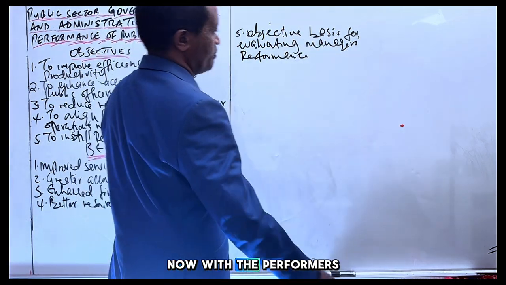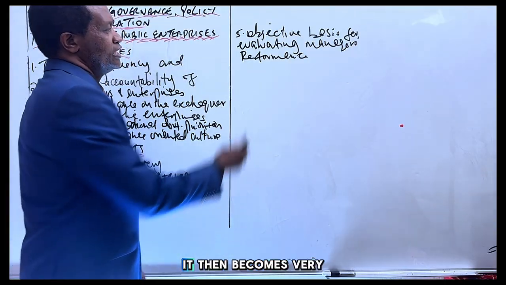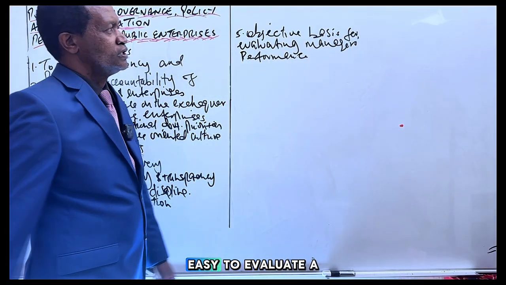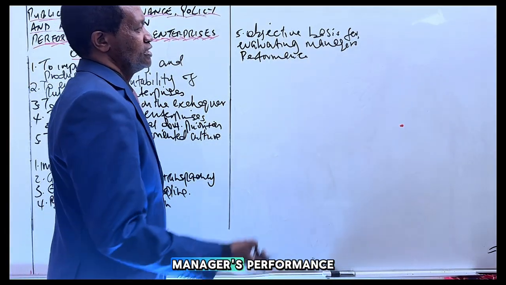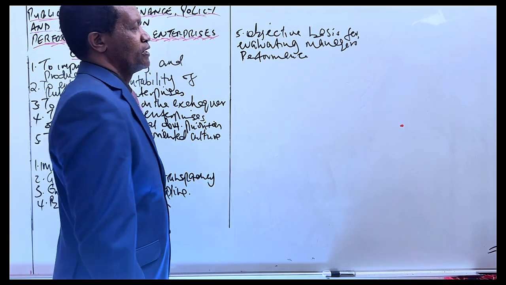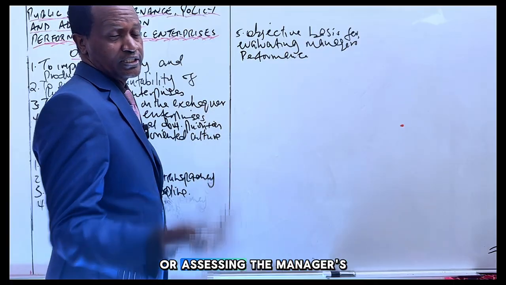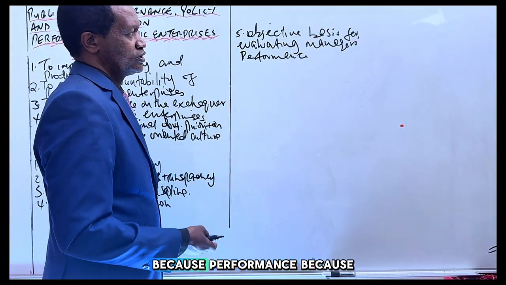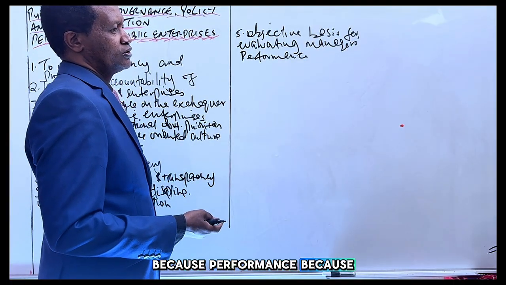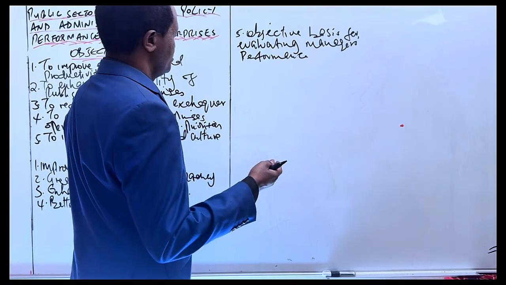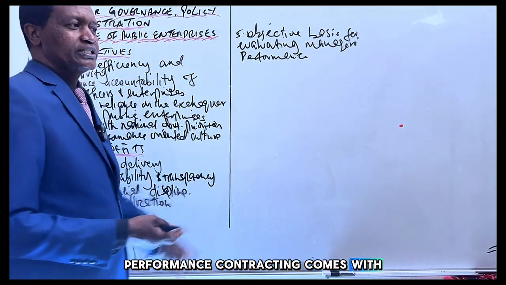Now, with performance contracting, it becomes very easy to evaluate a manager's performance. It becomes the basis for evaluating or assessing the manager's performance because performance contracting comes with targets.